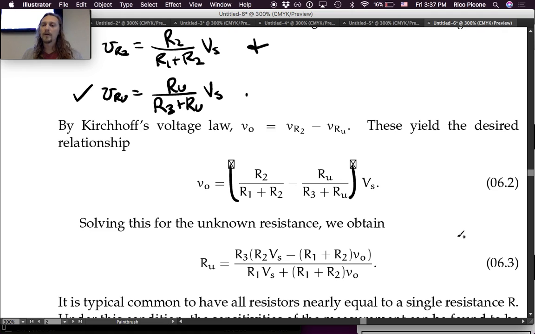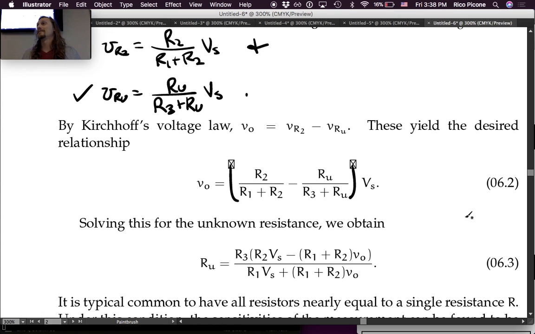All right, so what we actually want to measure is RU, right? So it stands to reason we would want to solve for it in this 6.2 equation. We know everything in this equation as long as we've measured it all, except for RU.